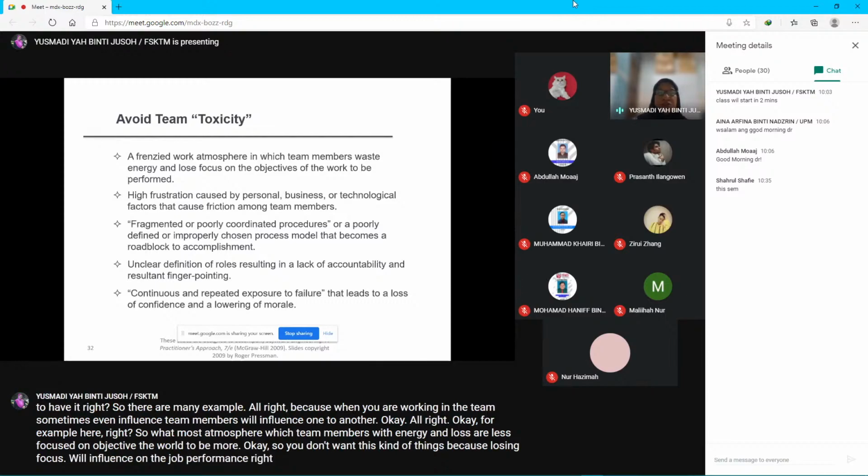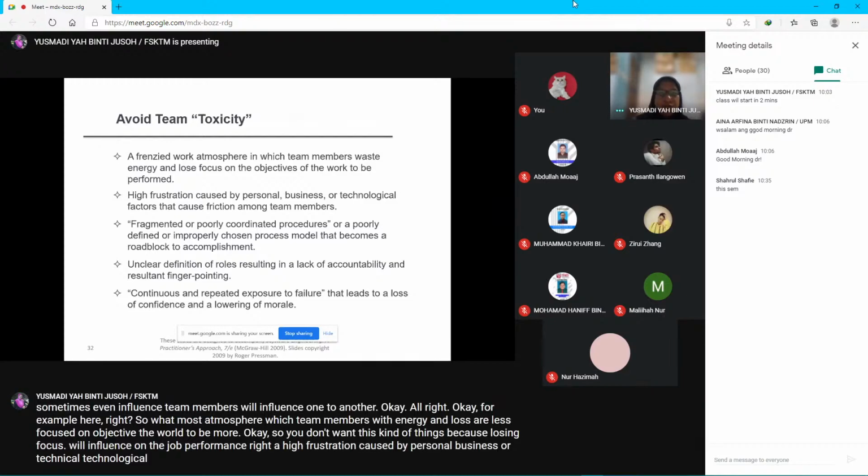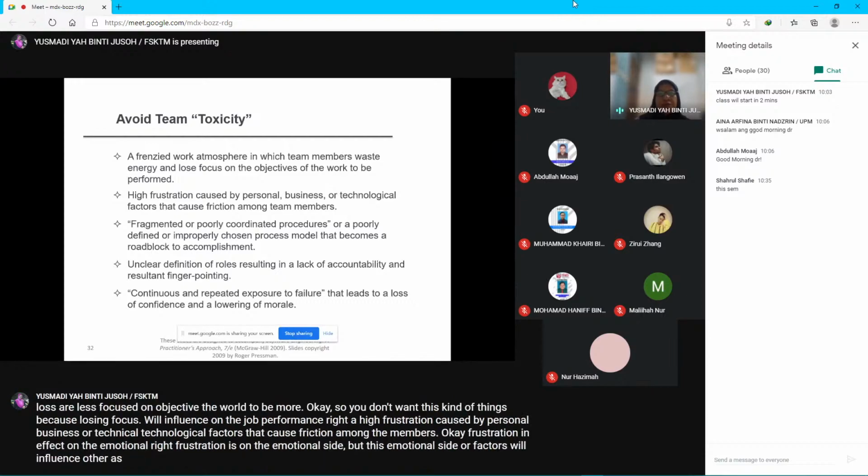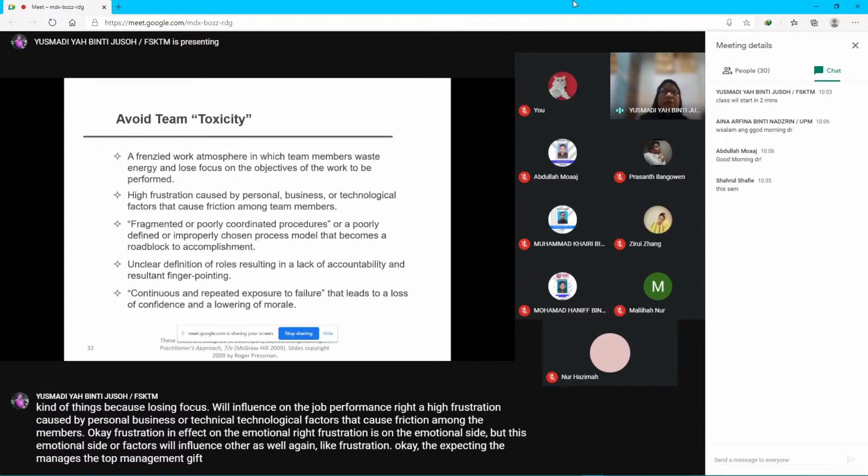Okay, high frustration caused by personal, business, or technological factors that cause friction among team members. Frustration is on the emotional side, but these emotional factors will influence others as well. For example, they are expecting the top management to give a very simple thing, a bonus once a year.